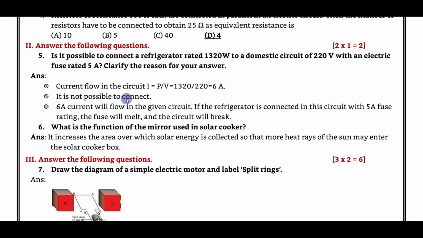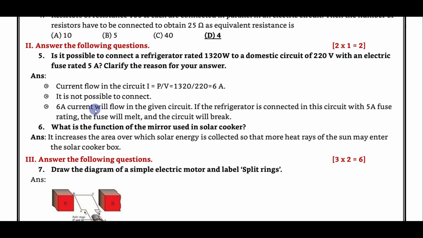It is not possible to connect because the flow of current is 6 ampere, but it is connected to a fuse rated 5 ampere. Therefore 6 ampere current will flow in the given circuit. If the refrigerator is connected in this circuit with a 5 ampere fuse, the fuse will melt and the circuit will break. The maximum limit of the fuse is 5 amperes, but the current flow is 6 amperes. Therefore the fuse will definitely melt and break the circuit.